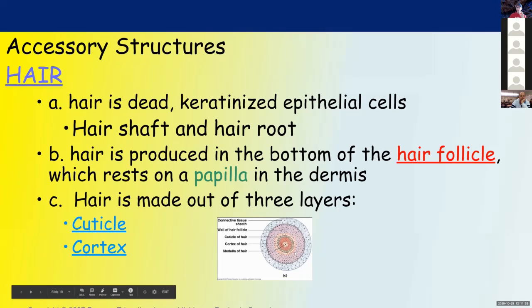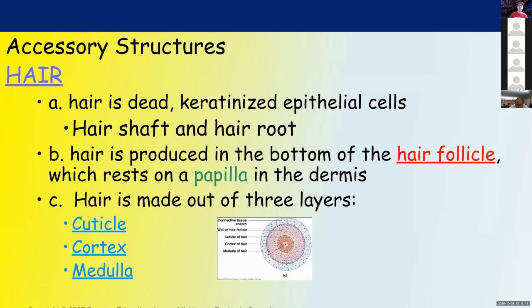These are the epidermal cells. And then this is the hair. So we have the cuticle, which is the outer layer of the hair. We have the cortex, which is this middle layer here, the red cells. And then in the very center, we have what we call the medulla. And each layer of the hair has a different function. It's doing something different for the hair itself.